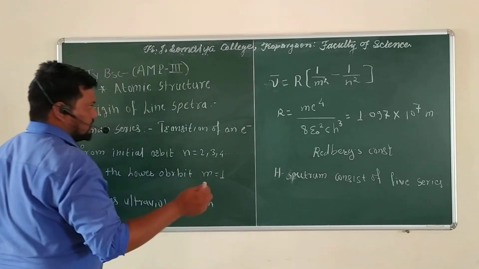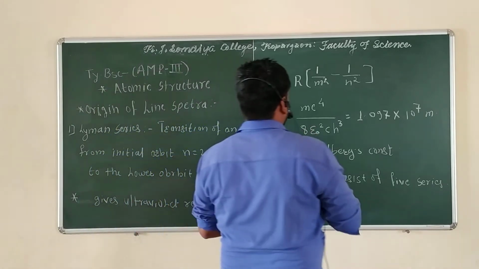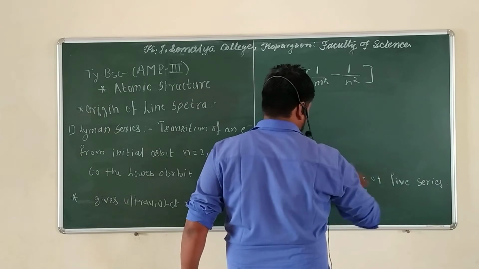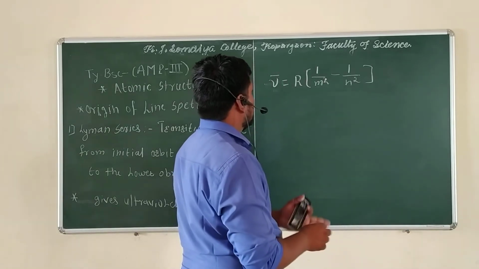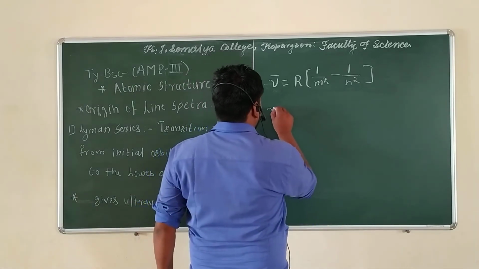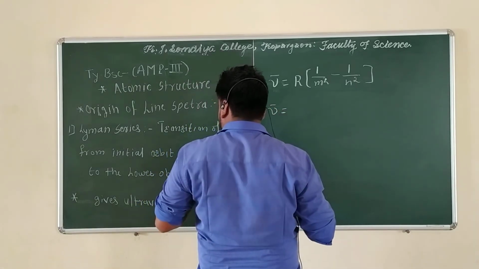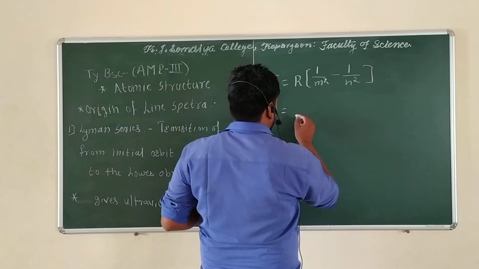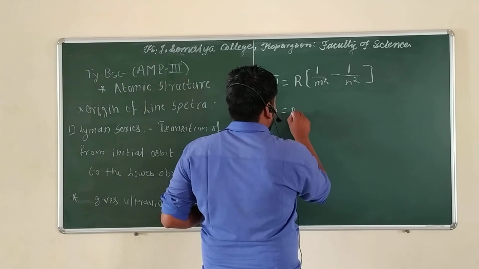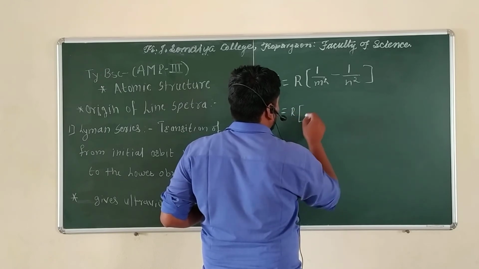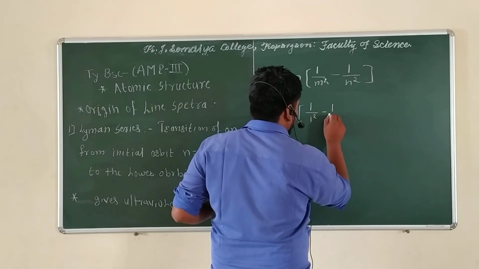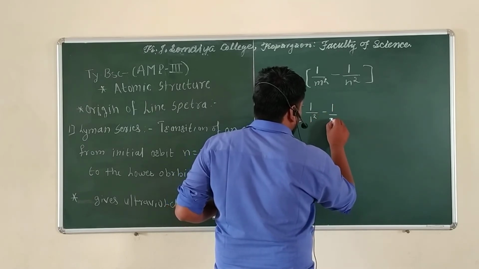Okay, if we see here, the formula is nu bar equal to R into 1 upon m square minus 1 upon n square. So putting the values directly in this: suppose n is equal to 2, 3, 4 and m is equal to 1, so nu bar is equal to R into 1 by 1 square minus 1 by 2 square.